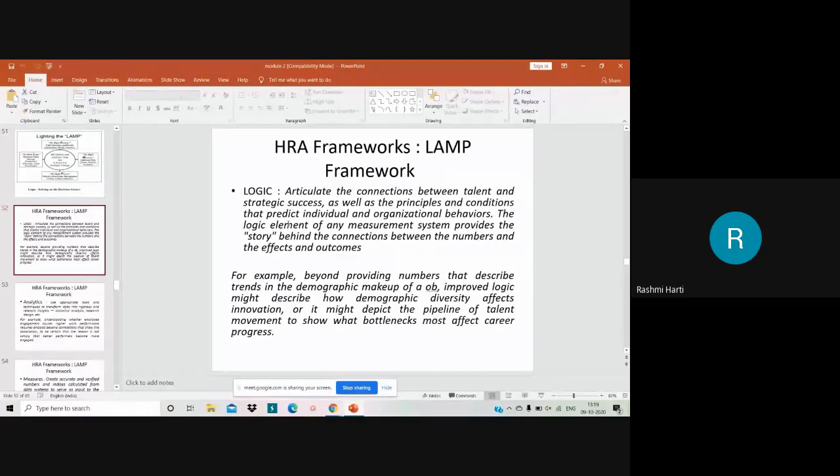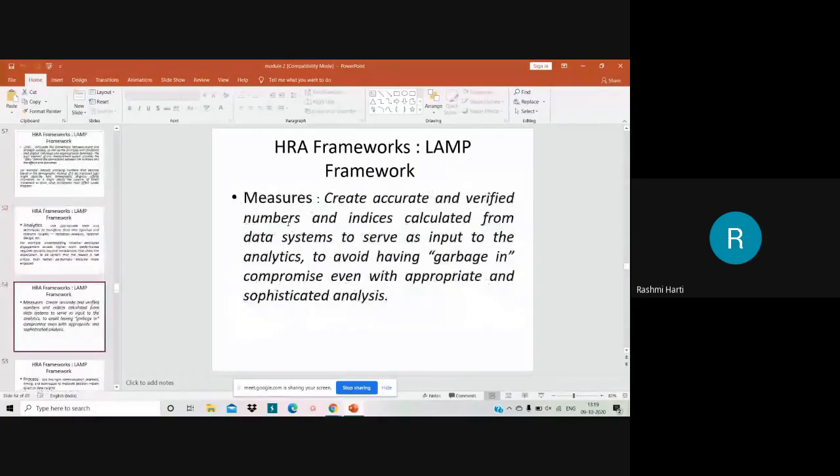Now coming on to the next, measures. It is nothing but creating accurate and verified numbers and indices calculated from data systems to serve as input to the analytics, to avoid having garbage in, which compromises even appropriate and sophisticated analysis.